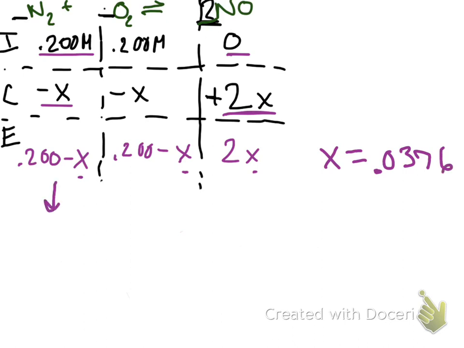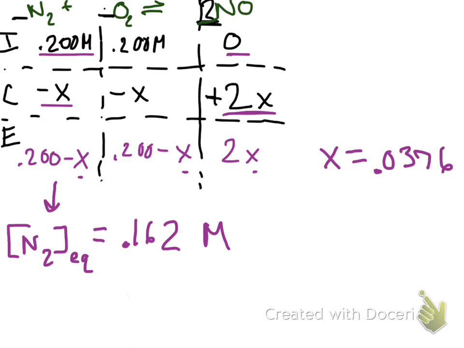So that means that the equilibrium concentration for N2 is going to equal 0.200 minus 0.0376, which gives us 0.162. And it's concentration, so we need molarity.